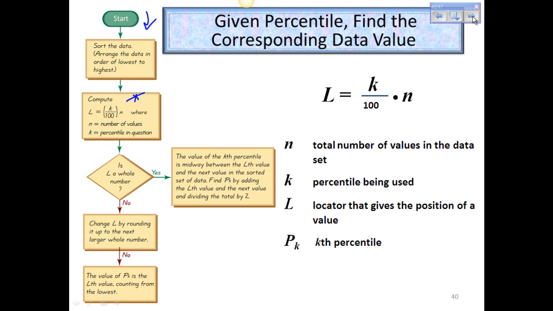If it is not, change your locator by rounding it up to the next larger whole number and then count over to that number of values in the table. If L is a whole number, then the value of the kth percentile is midway between the nth value and the next value. So you would find your locator, find that value on the table, take that value and the one above it and find their average. And that would be the data value that corresponds to a given percentile.